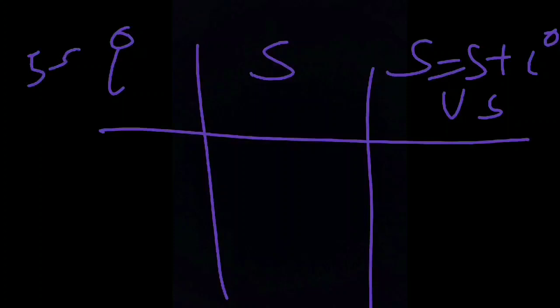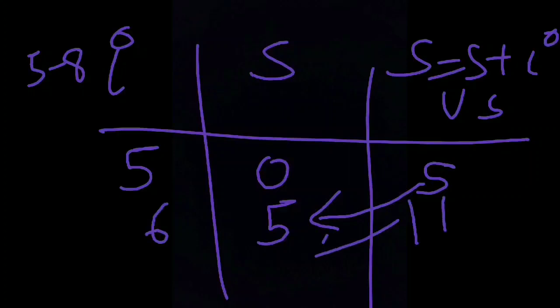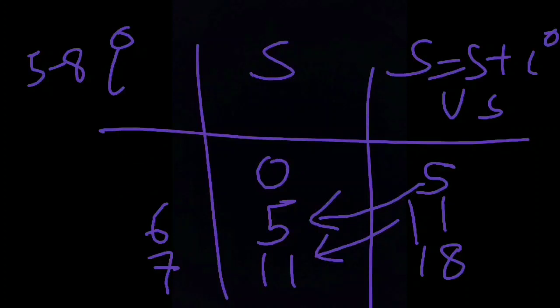Let's say I want to calculate the sum of 5 to 8, so the start value will be 5 and the finish value will be 8. So I will start from 5, s is equal to 0, and s equals s plus i means that now the updated value will be 5. Now 6 becomes the value of i, and we do it. I told you this in the previous video: we are basically updating and changing the value of s.